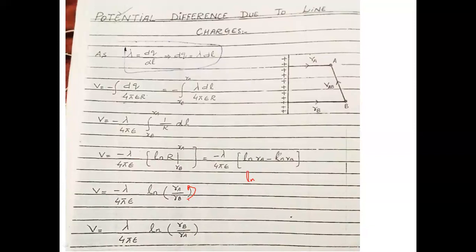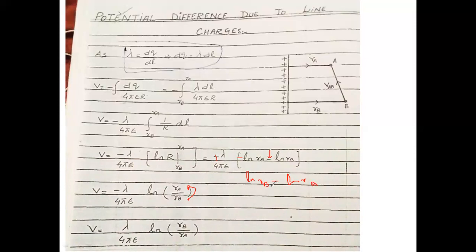If you take the minus from here, this will be plus, and we have ln of Rb minus ln of Ra, so the minus is removed and introduced with this one.